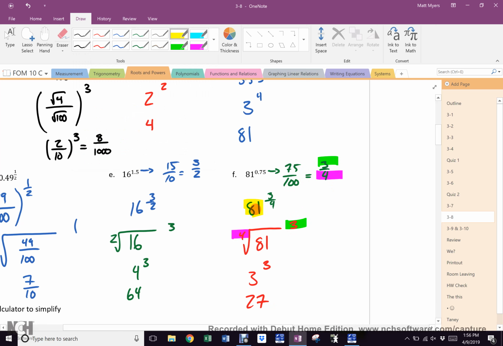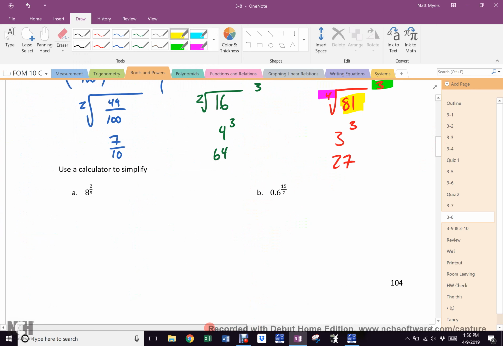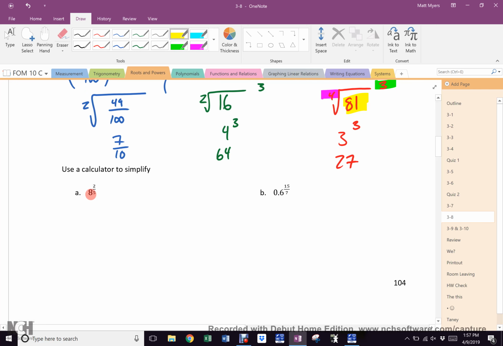And then base to radicand. Easy? Easy. Now, what's wrong with down here? This is in what we call exponential form, because it's got a base and an exponent, correct? Right.